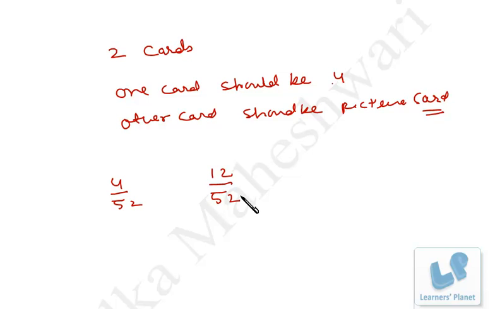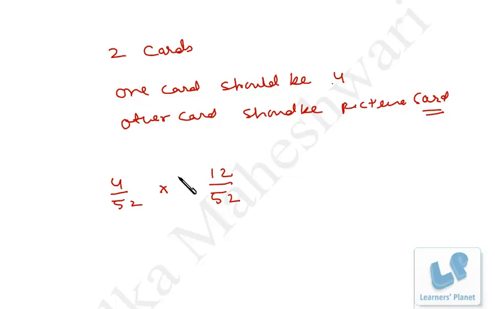That means whatever is coming in the first go has nothing to do with what is coming in the second draw. So both the events are independent, and 4 by 52 into 12 by 52 will be our answer. It's with replacement. That means both the cards we are drawing from the 52 cards only.